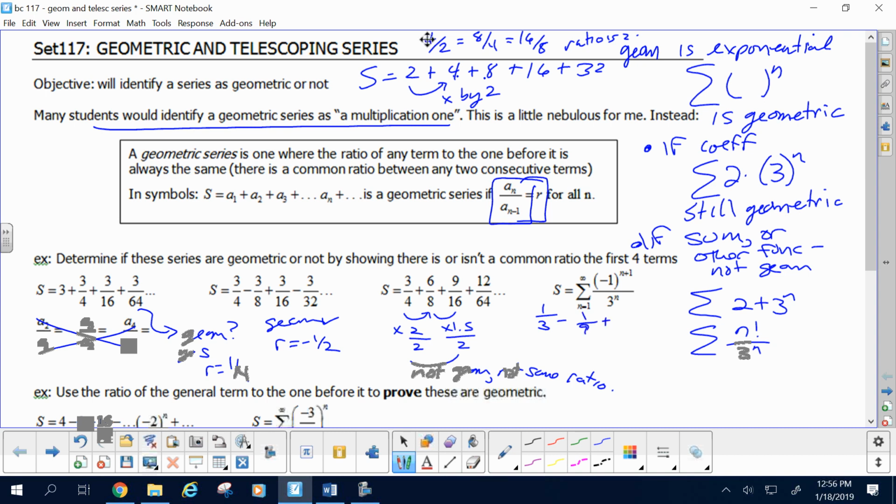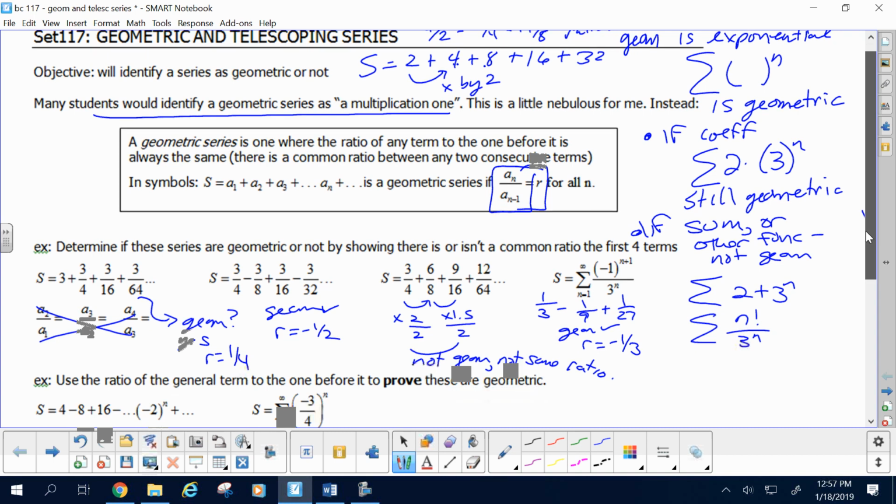Then a positive 1/27. Students, eventually you'll look at the summation and you'll see it all. But starting out, some students feel like it's easier to look at the actual numbers, this expanded form. And then, can you say, is it geometric? Yes, and what's the common ratio? Negative 1/3. All right. So, that's the big idea starting off.